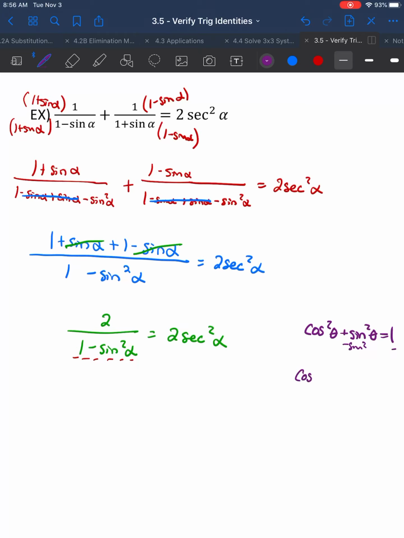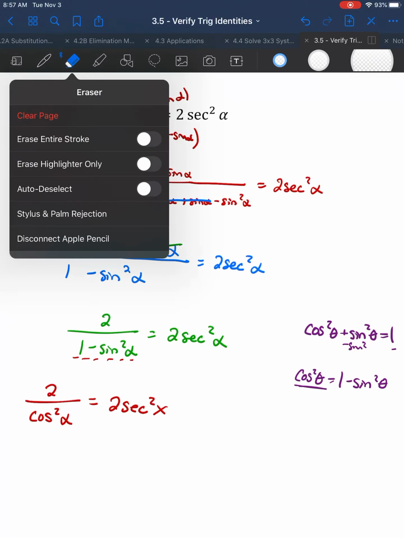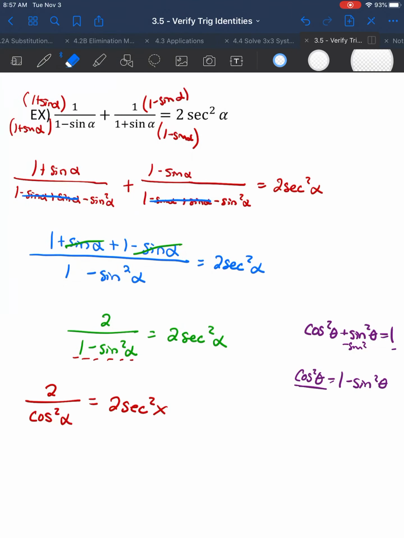If I subtract the sine squared from both sides, I have that cosine squared is equal to 1 minus sine squared. So I'm going to plug cosine in right there. So now I have 2 over cosine squared alpha equals 2 secant squared. Oops, that was an alpha and I wrote an x.